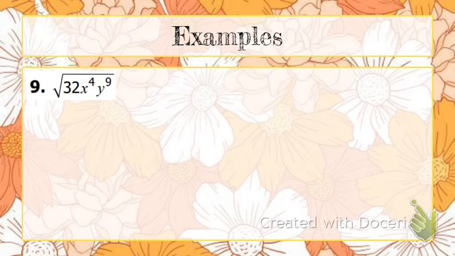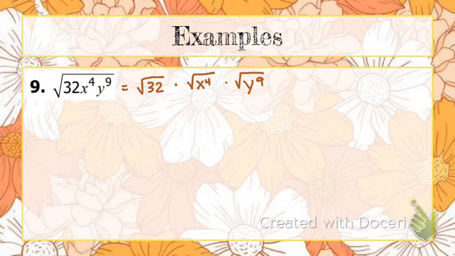Number 9 is the first example we're going to do. So let's just break this apart into pieces. I think that's the easiest way to look at it. So let's do the square root of 32 times the square root of x to the 4th times the square root of y to the 9th. And we're just going to look at each piece separately.